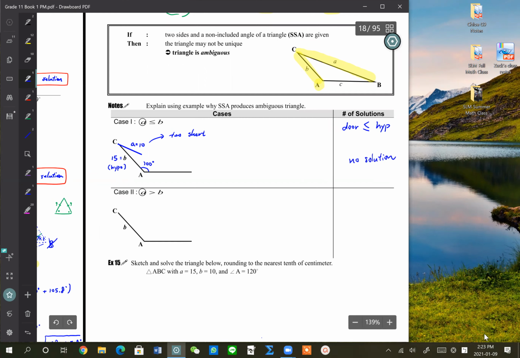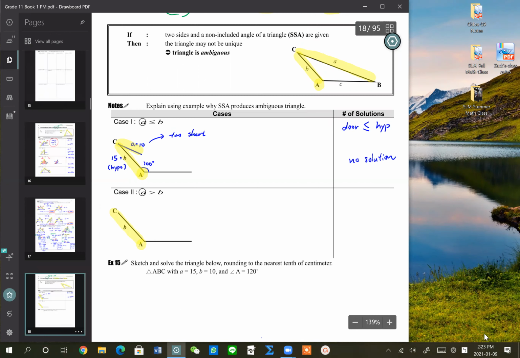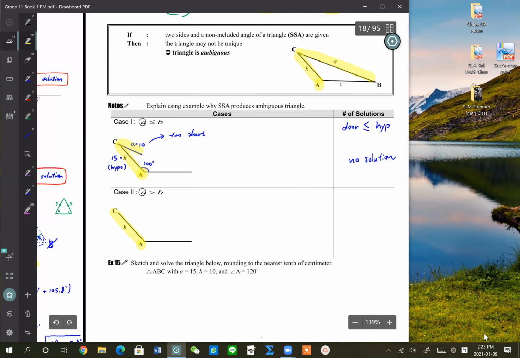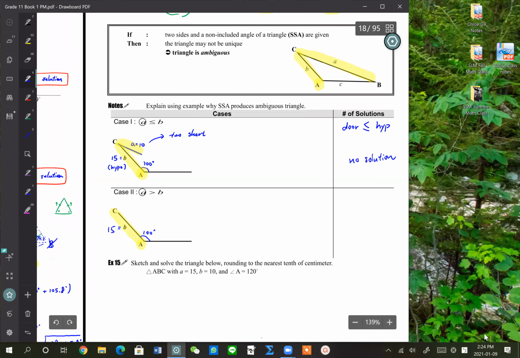Let's keep the same measurement here. Angle, side, side. So we have an angle of 100 again. Hypotenuse is still 15.